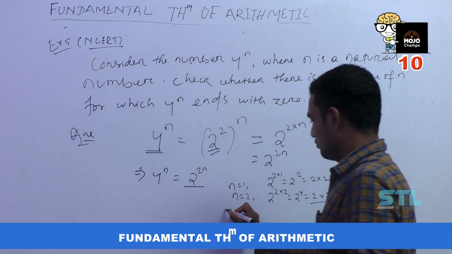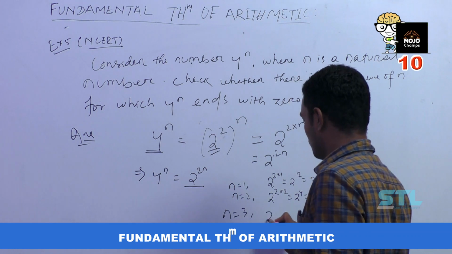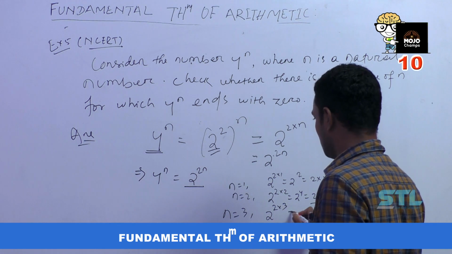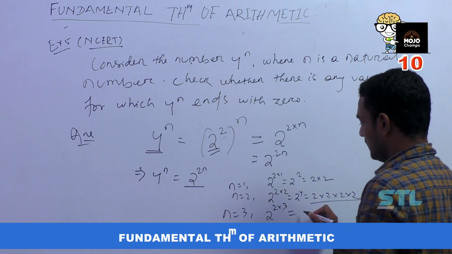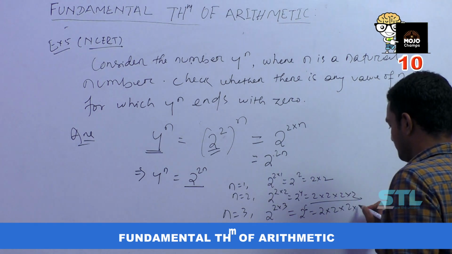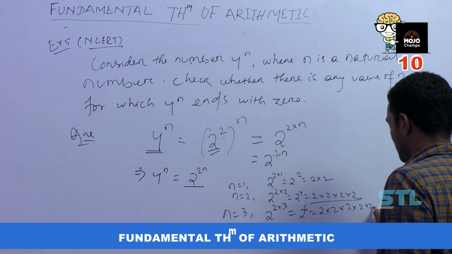For n equal to 3, 2 to the power 2 into 3, that is 2 to the power 6: 1, 2, 3, 4, 5, 6.